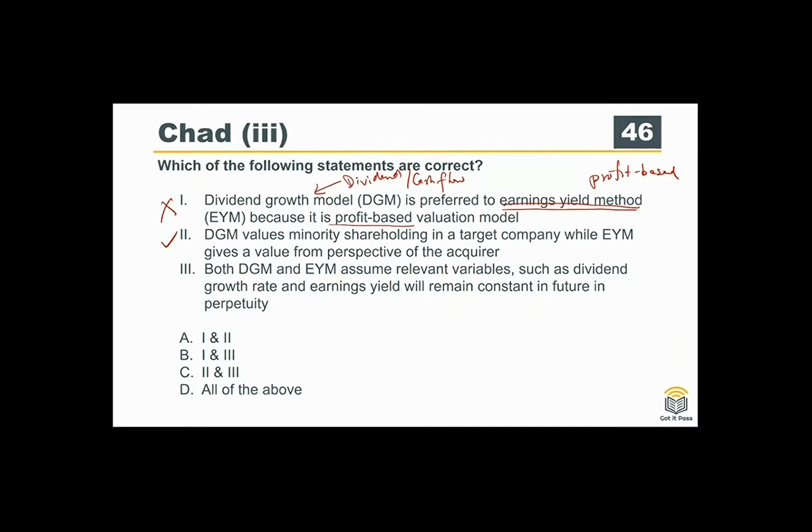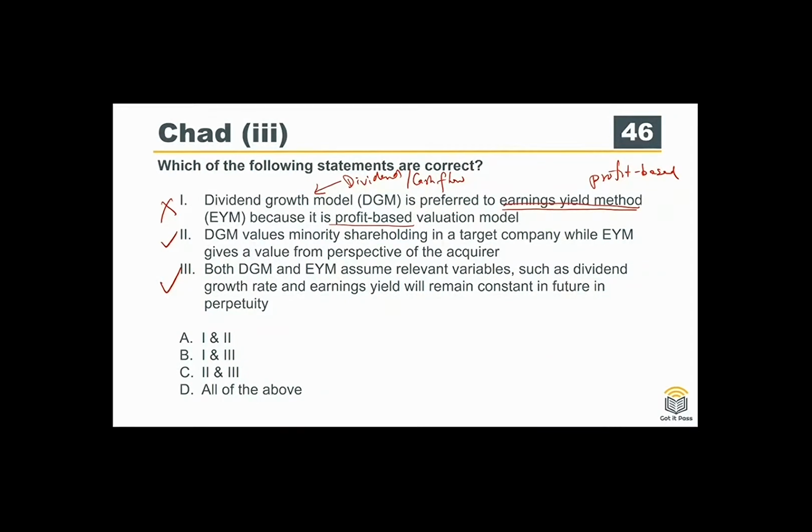Yes, it's correct, because for DGM, the dividend growth rate is assumed consistent in future indefinitely, with no modification of these assumptions.